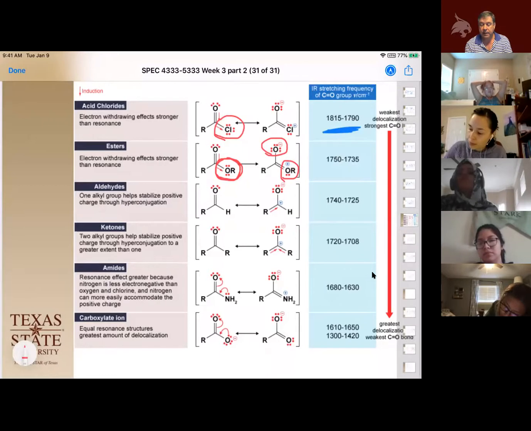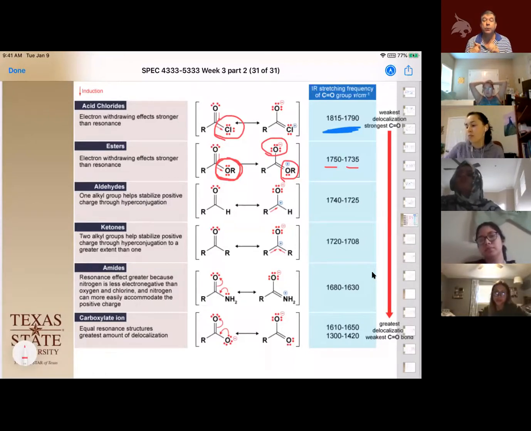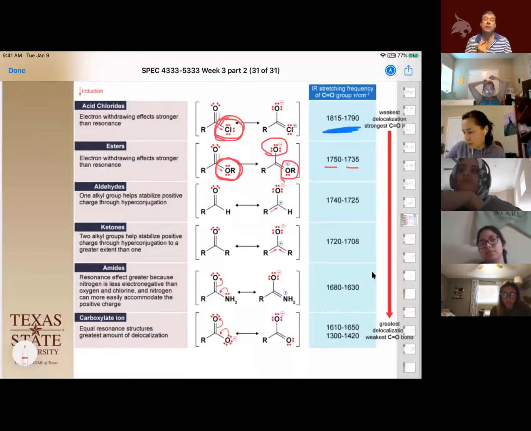And so we'll see that in the 1750 to 1735 range. Notice that this is just a resonance effect and not a direct induction effect. The chlorine here is 100% inductively pulling electron density away, therefore the shift is greater than in the case of this ester. Now, let's take away that electron withdrawing for a minute and add a hydrogen for an aldehyde.